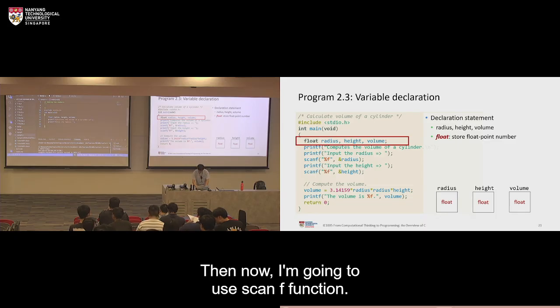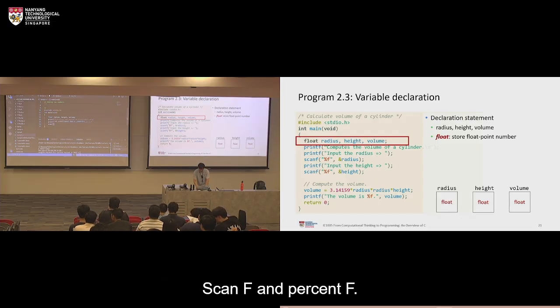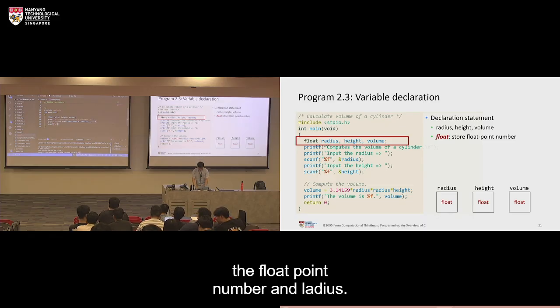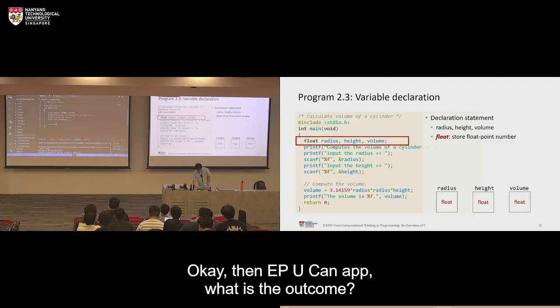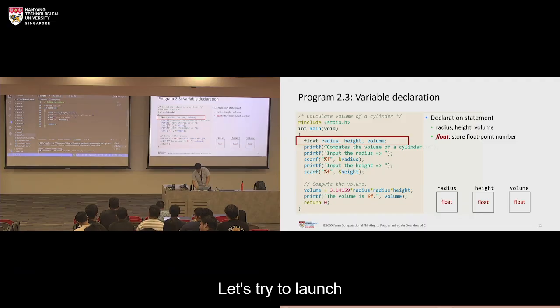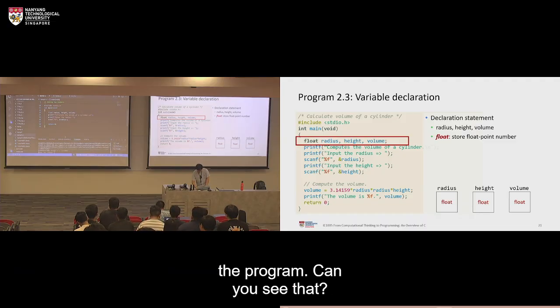Okay, now I'm going to use the scanf function. Scanf and %f. This is the specifier for the floating point number, and radius. Okay, then if you use scanf, what is the outcome? Let's try to run the program.